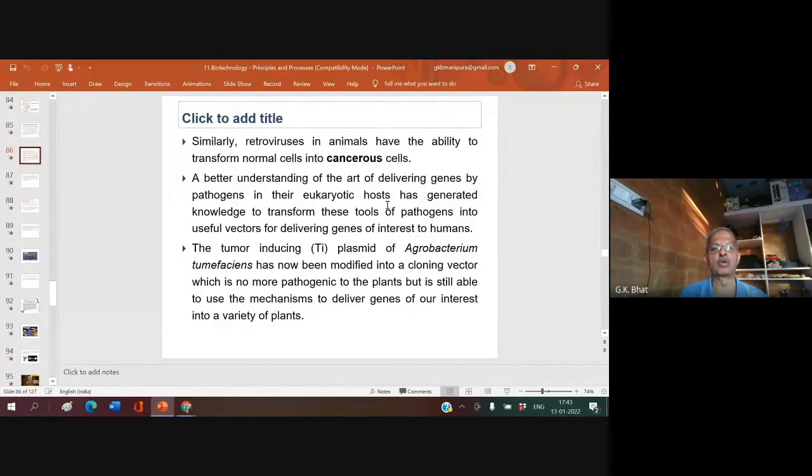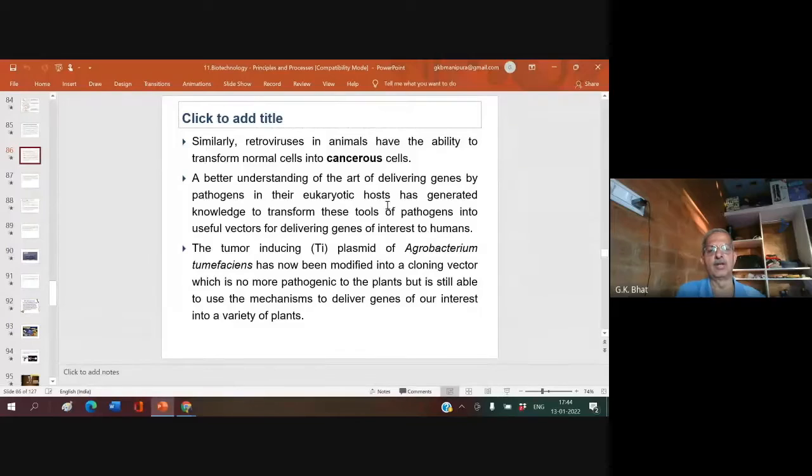Pathogen is a disease-causing organism, a parasite. If a parasitic bacterium can deliver some genes to its host body, why not make use of that knowledge? We tried to find out how it delivers, and this knowledge we have used as a tool, so that pathogens are used as a vector to deliver the genes of interest to humans.